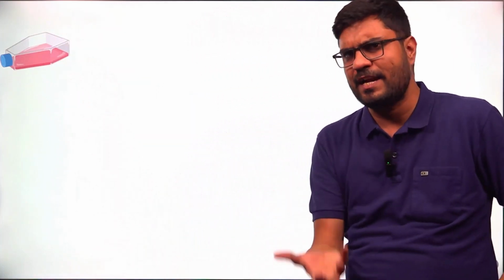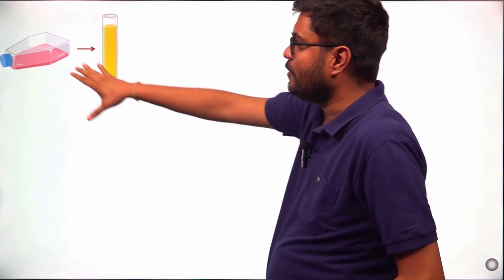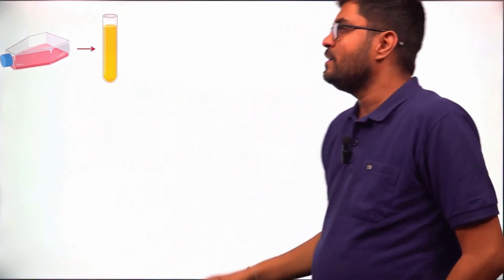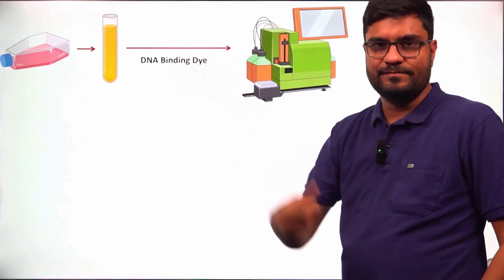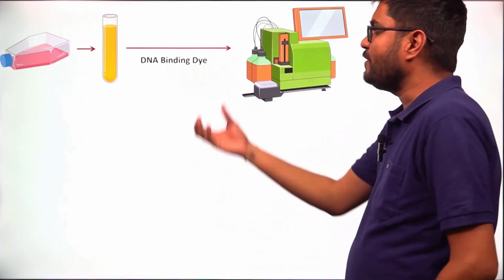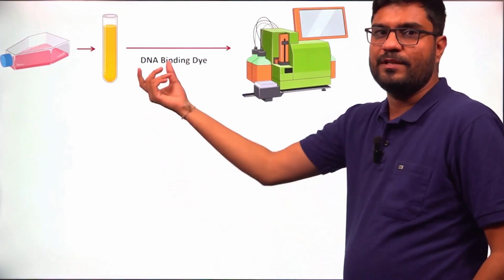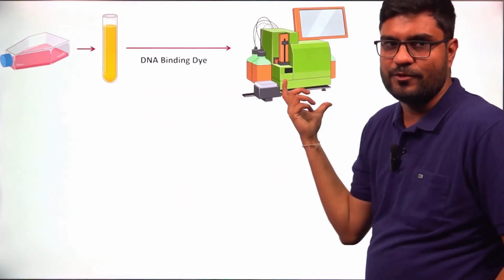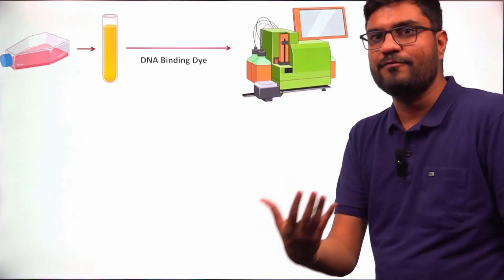If I take out the cells from a culture flask, a population of cells, let's say I am taking 5 million cells, then I am preparing a single cell suspension from this flask, and in this single cell suspension I am putting a DNA binding dye, and after incubating the cells with DNA binding dye, I am putting the tube into our flow cytometer, and then flow cytometer will give us some kind of graph, some kind of analysis.